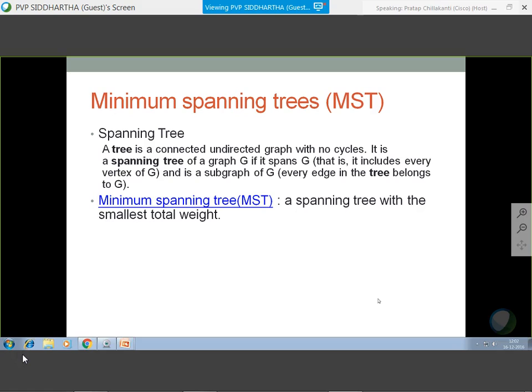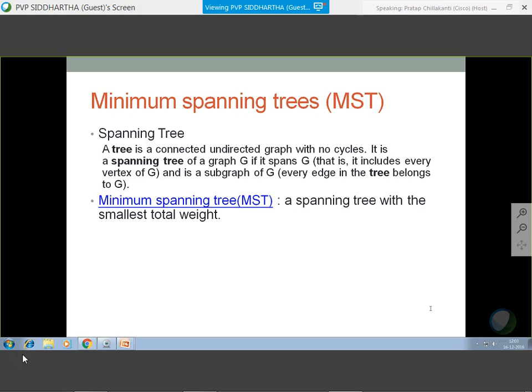Did you learn that concept in your data structures class, second year, first semester? It's a graph with no cycles. Of course, it's an undirected graph. Now, what is a spanning tree?